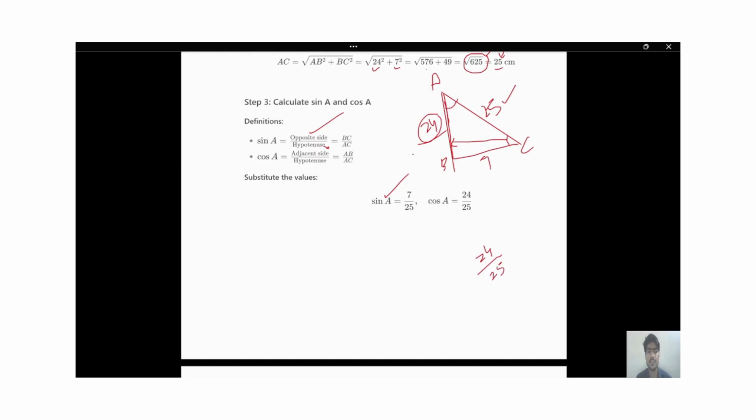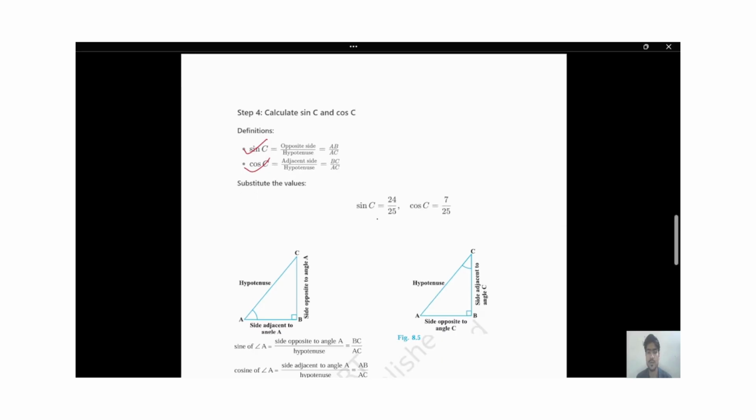Similarly, with cos C, we don't take the opposite side. Rather, we take the adjacent side, that is 7, divided by the hypotenuse, that is 7 by 25. See here, 24 by 25 and 7 by 25.